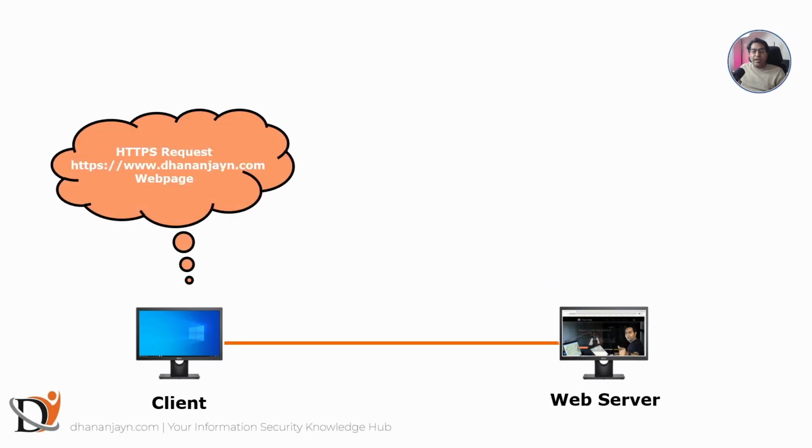Here your computer would create an HTTPS request and send it to the web server. Here the client means your computer, and the web server is the server located somewhere in the data center on the cloud.